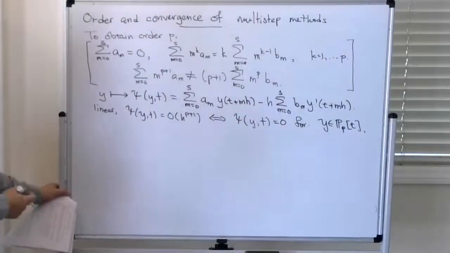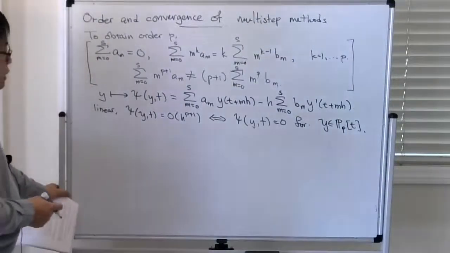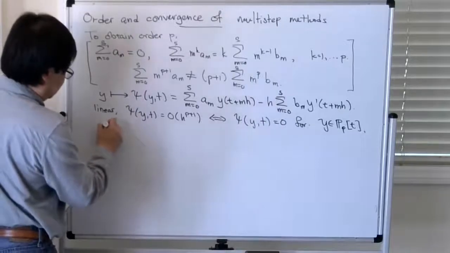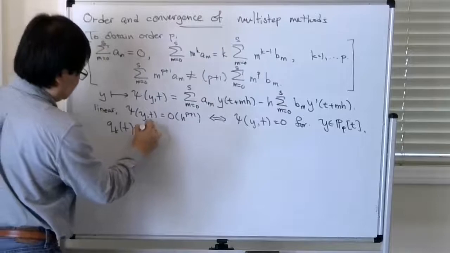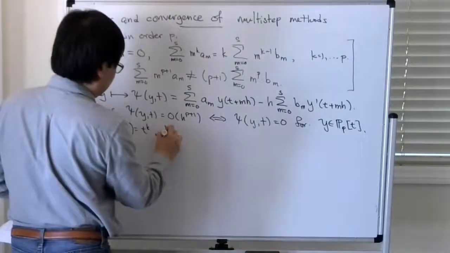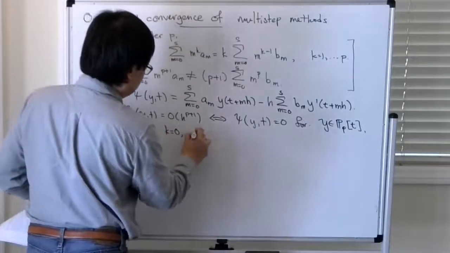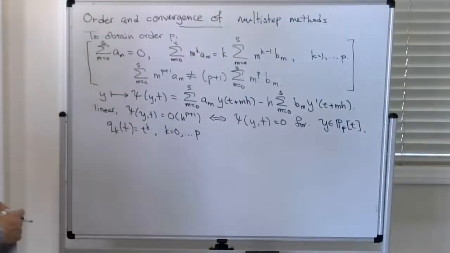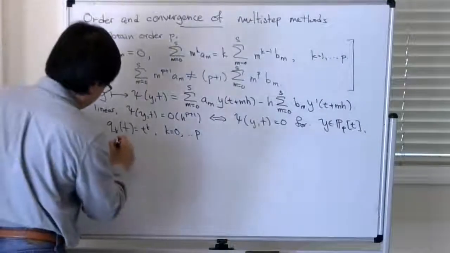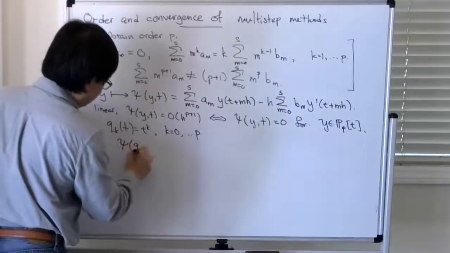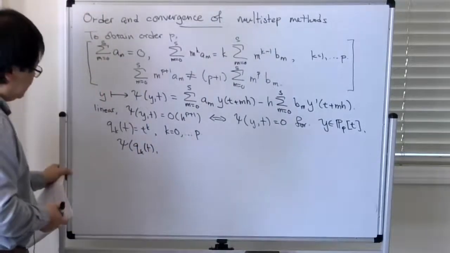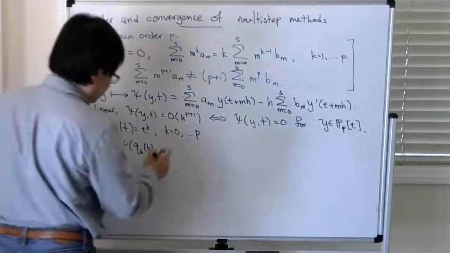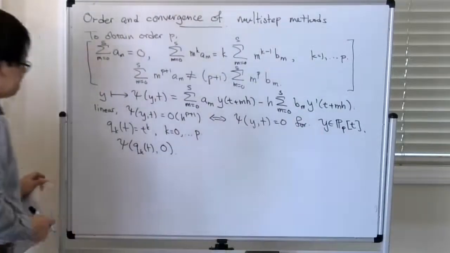So in particular, it's sufficient to check this for q_k of the form t to the k, where k goes from 0 to p. All right, so let's see what happens when you do that. So psi of q_k of t, and to make life simpler still, I'm going to let t be 0 here.